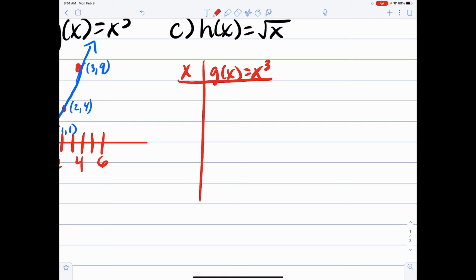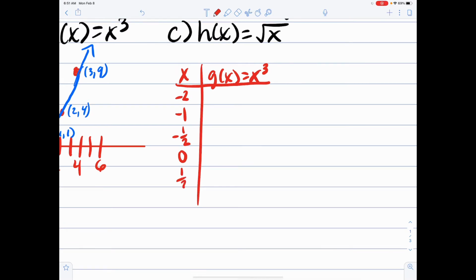They did a fraction in this one, so we're going to do a fraction. We did -2, -1, -1/2, and the same thing here, 0, 1/2, 1, and 2. The fraction's helpful to show you how close it gets to 0. I'll explain that in a second.